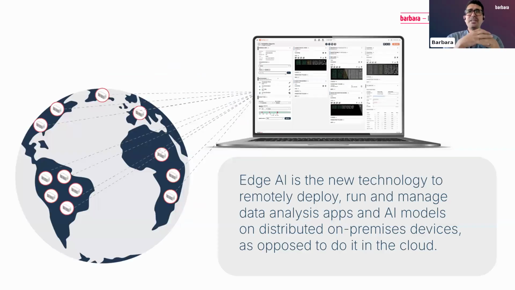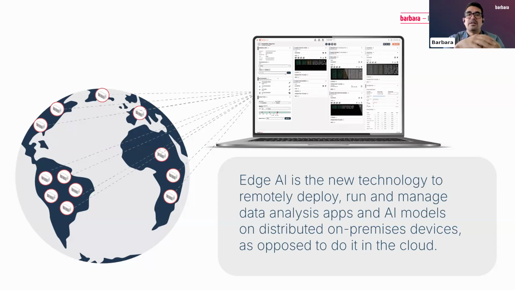So Edge AI at the end is something very simple. Instead of having our workload, our processing, our application running on the cloud, the idea is to deploy all these applications that do data analysis, or all these AI models, on devices installed on premises, in the field.